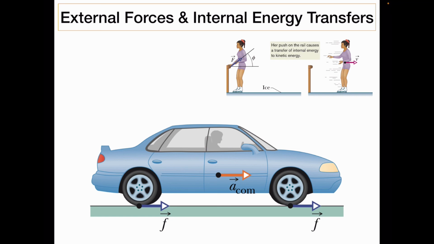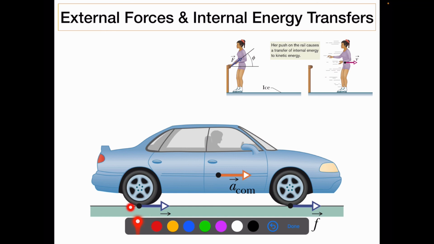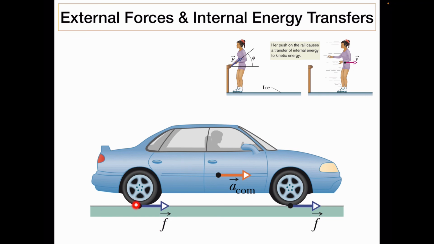During this acceleration, the engine causes the tires to push backwards on the road. The tires exert force to push backward. Okay, so this push produces frictional forces that act on each tire in the forward direction.